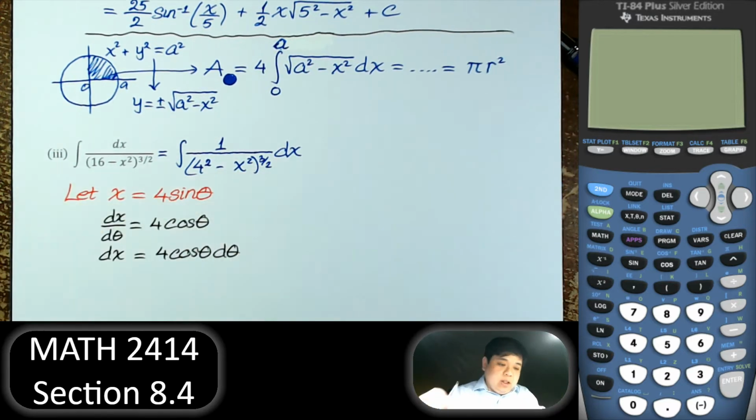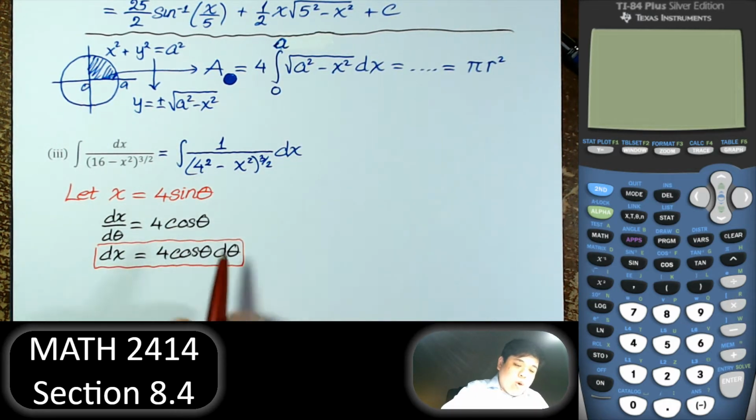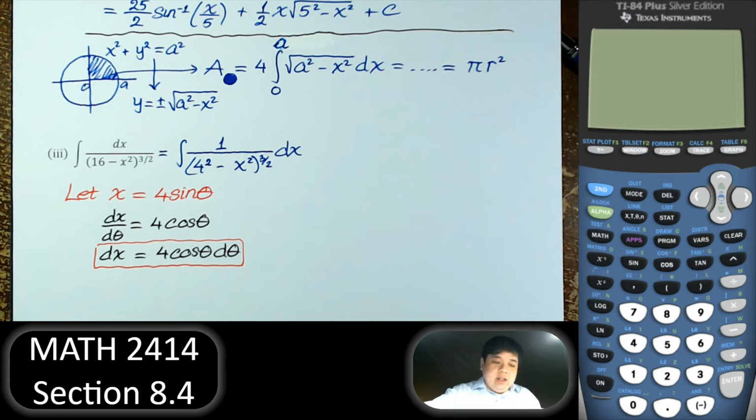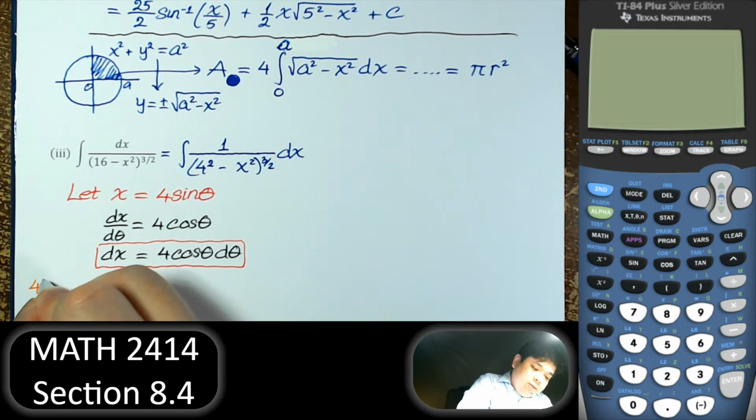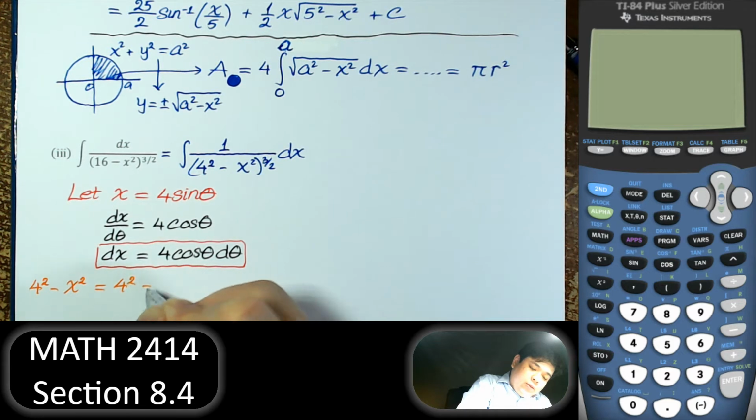And we can substitute into dx. Also, we have 4 squared minus x squared. We can write that into one term. x is 4 sine theta.